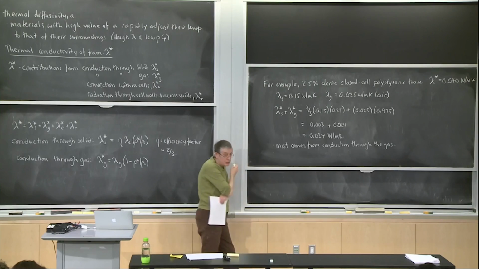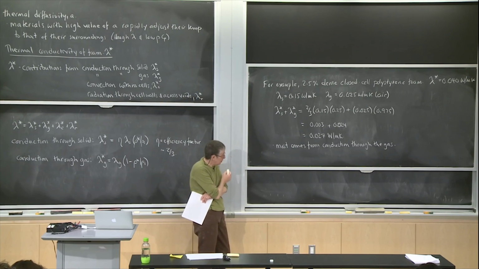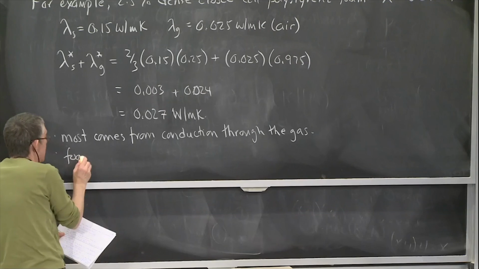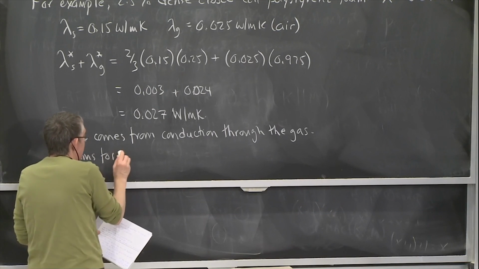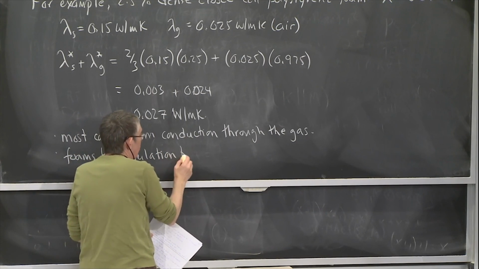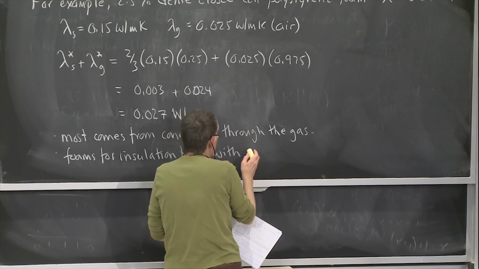And that's the reason that they sometimes use low thermal conductivity gases to blow foams for thermal insulation, because the gas makes up such a big fraction of the total conductivity. If you can reduce that, you reduce the overall conductivity. So we'll say foams for insulation are blown with low conductivity gases.